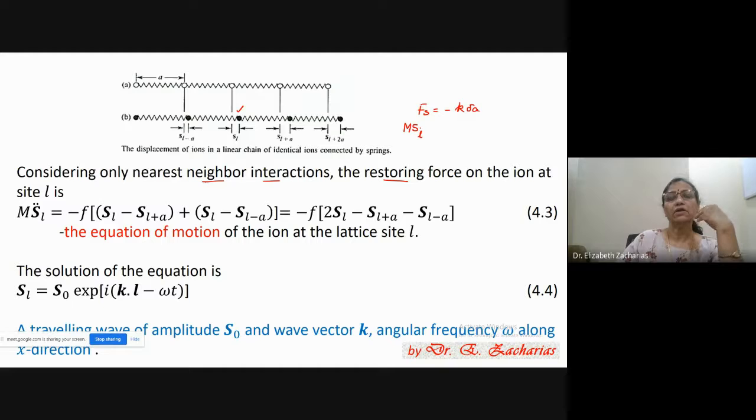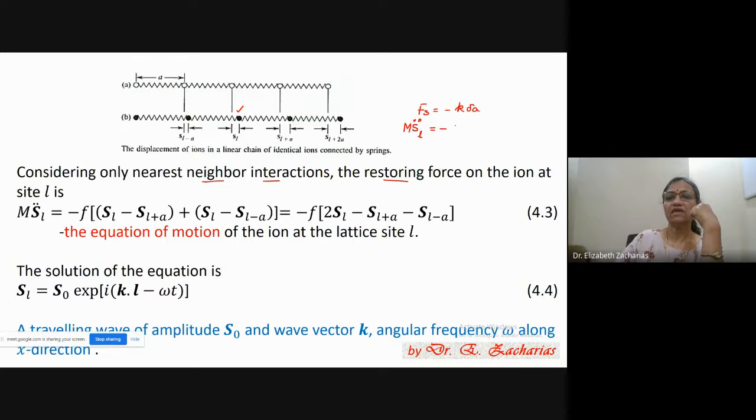Now if I differentiate it twice with respect to time, I get my acceleration. dS/dt is velocity, d square S by dt square is acceleration, and you know that mass into acceleration is force. So that's why I'm getting the left hand side. And on the right hand side, what should I do?